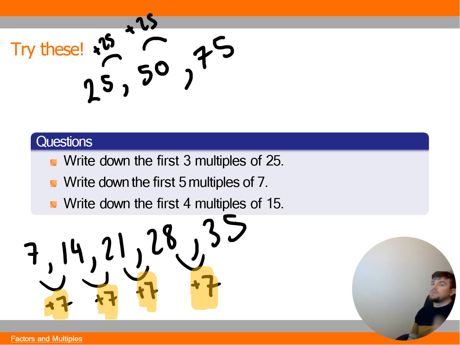So that's 7 times 1 is 7. 7 times 2 is 14. 7 times 3 is 21. 7 times 4 is 28. 7 times 5 is 35. There.